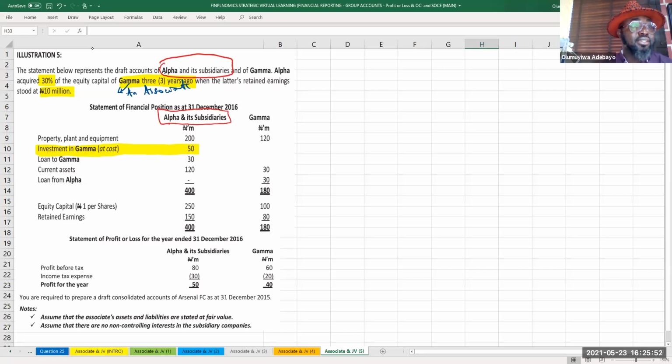In that light, what do we need to do? They gave us the extract of the group and also of Gamma with respect to profit or loss.